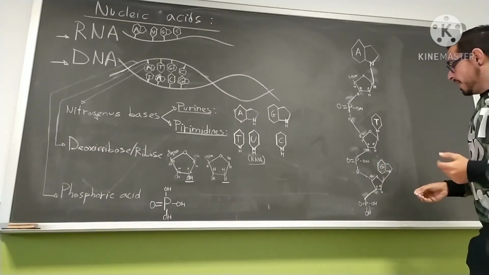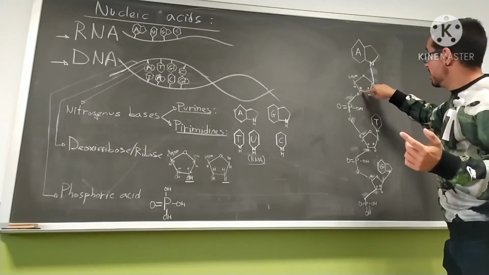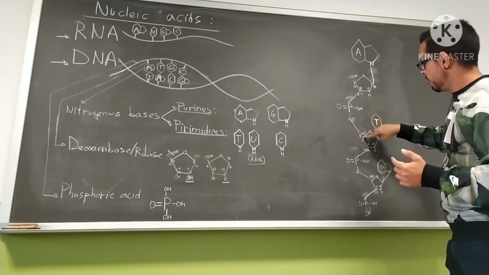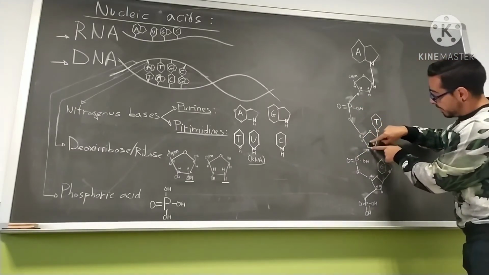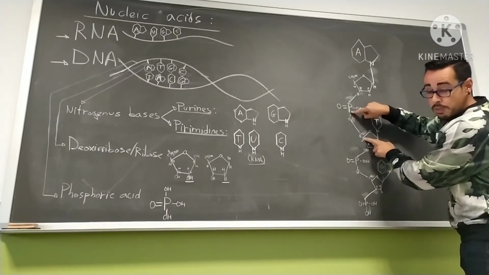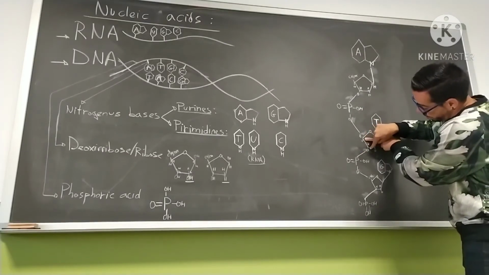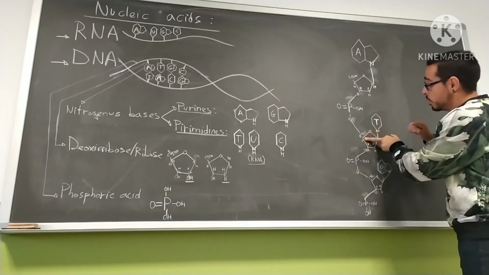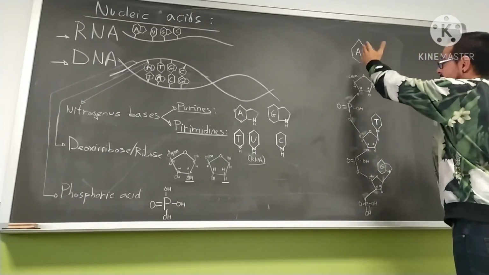I have told you that they join by the third carbon and by the fifth carbon. Take a look at this. This one is joined with the fifth, and to the next one by the third one. So we are going to have a polarity in the chain.